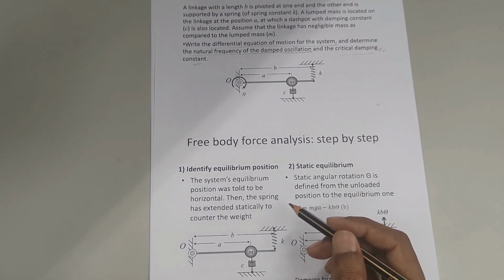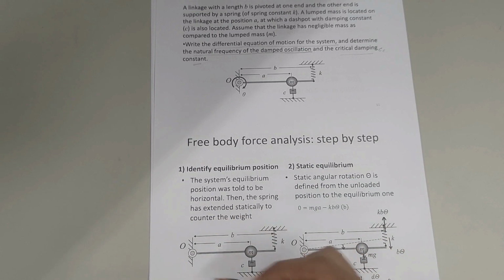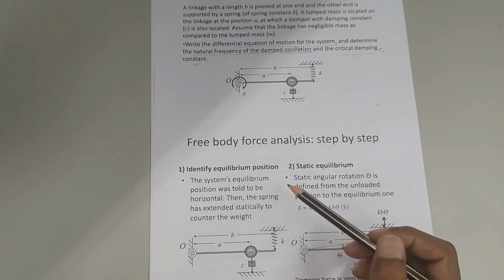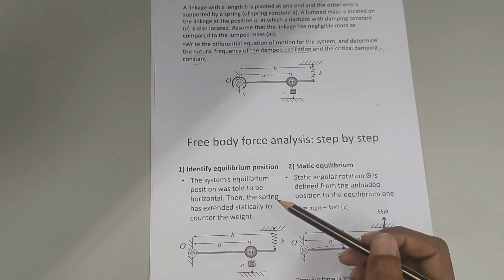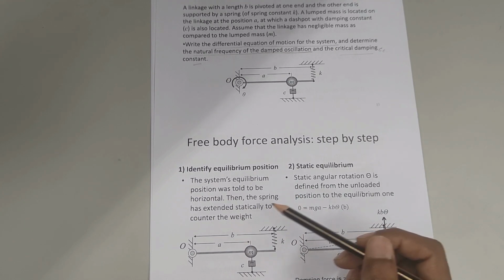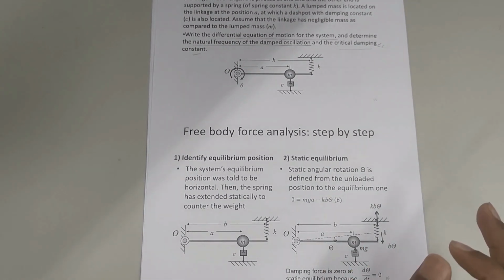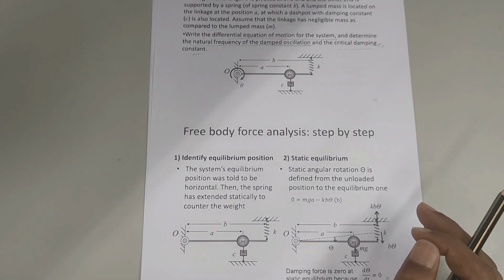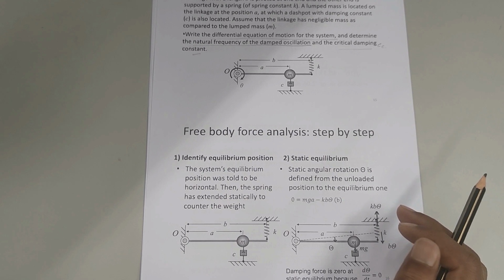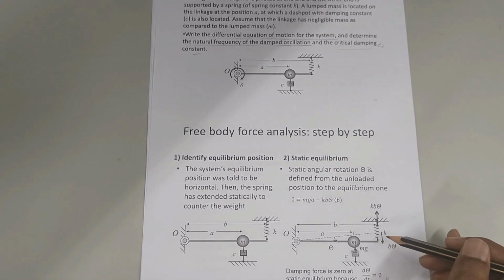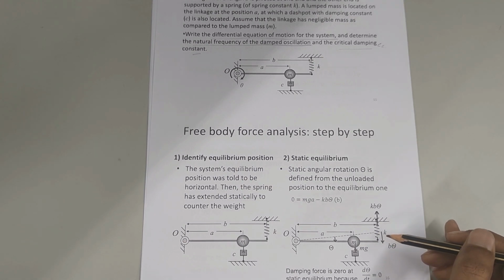Firstly we have to identify the equilibrium position. The system's equilibrium position is told to be horizontal, so the spring has extended statically due to the weight. Now the second step is static equilibrium. The static angular rotation psi is defined from the unloaded position to the equilibrium one, due to mass m.